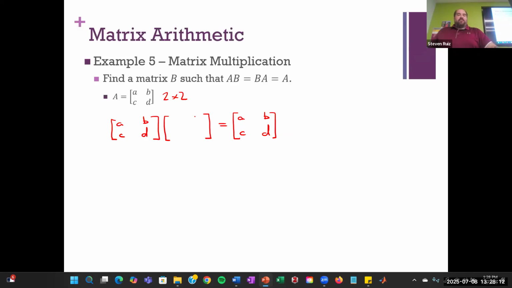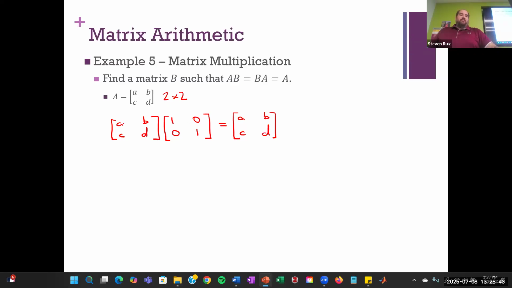How would I figure out what goes inside this? 1, 0, 0, 1. How do you know that? Right. So what's the first row times the first column? a times 1 plus b times 0. That's just a.